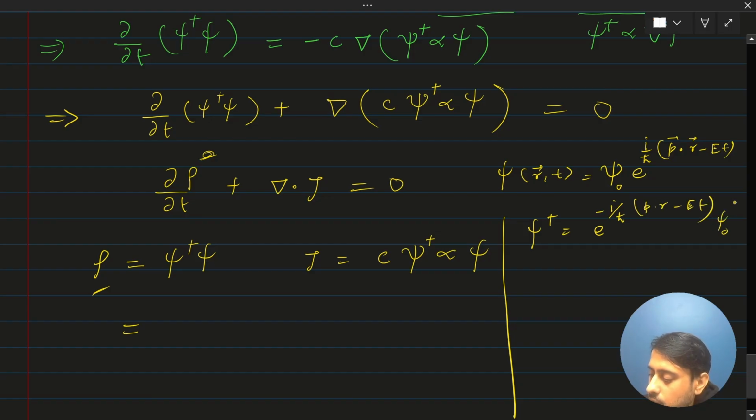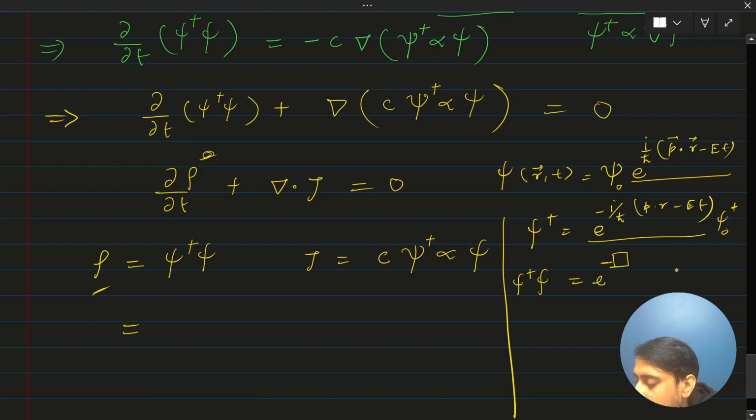into psi naught dagger. And if I multiply psi dagger with psi, these two terms will give you e to the power 0, so this e to the power negative of the term, and psi naught multiplied by this psi naught into e to the power same terms.